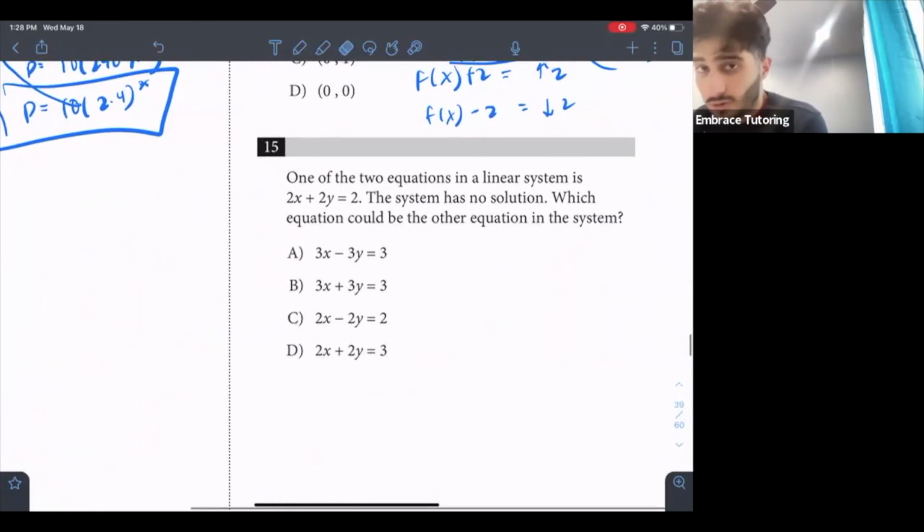Last one. This is the hardest multiple choice question you'll encounter on the exam, in section 3. The question reads: one of the two equations in a linear system is 2x plus 2y is equal to 2. The system has 0 solutions. Which equation could be the other equation in the system?